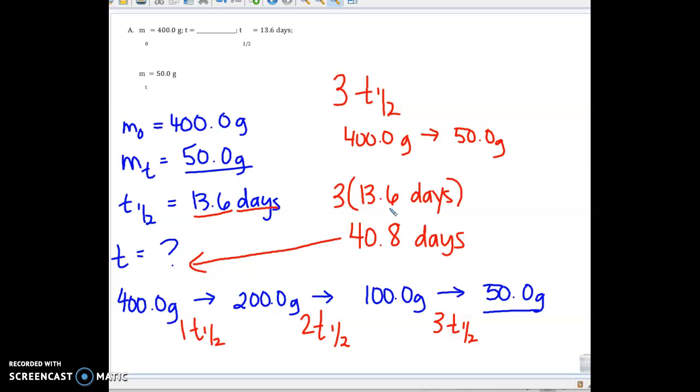You may have one where you're given your beginning mass and your mass after the period of time, and the amount of time, and then you're asked what the half-life is. Well, in that case, instead of multiplying, you divide, and that will give you your half-life.